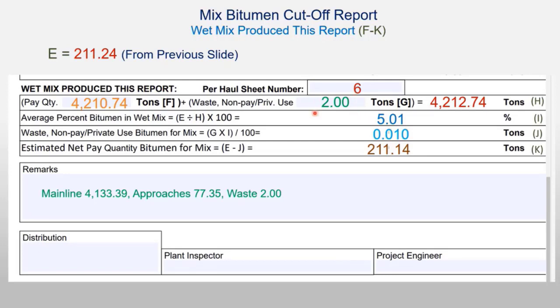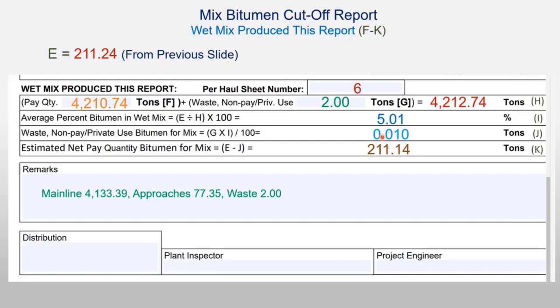There may be some tons of waste in the plant too, and we add that because it was actually produced during the project. That all gets totaled, and by dividing this 211.24 by the 4,210.74, we can figure out how much binder was actually used, or the percentage of binder in a ton of mix. I believe the target on this job was 5%, so they got pretty close here.